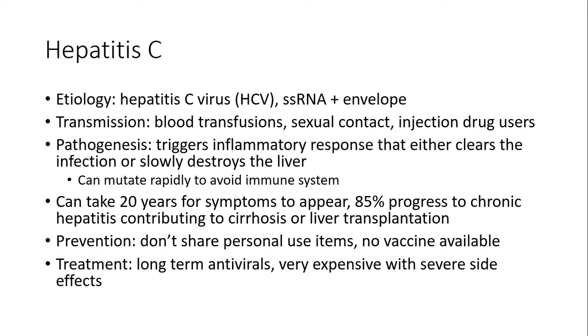There is unfortunately no vaccine available, so you would want to take prevention pretty seriously with this. Treatment, we can use long-term antivirals, but they're very expensive with severe side effects, so not ideal.